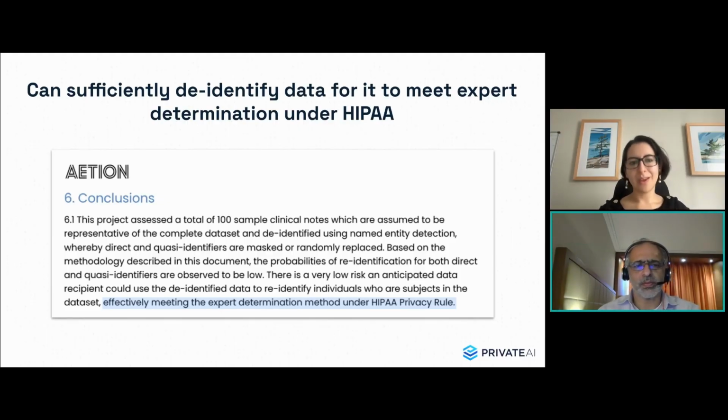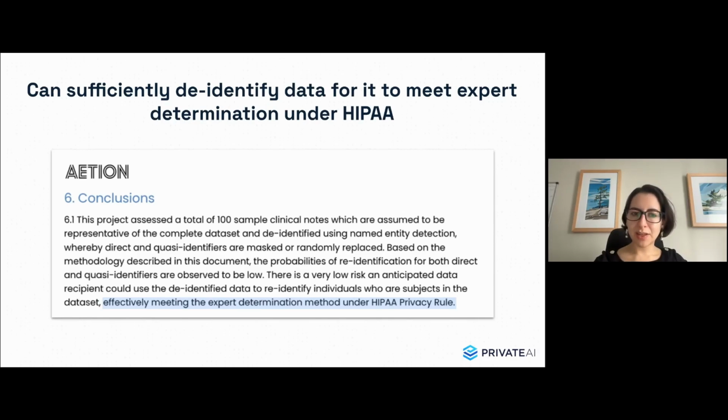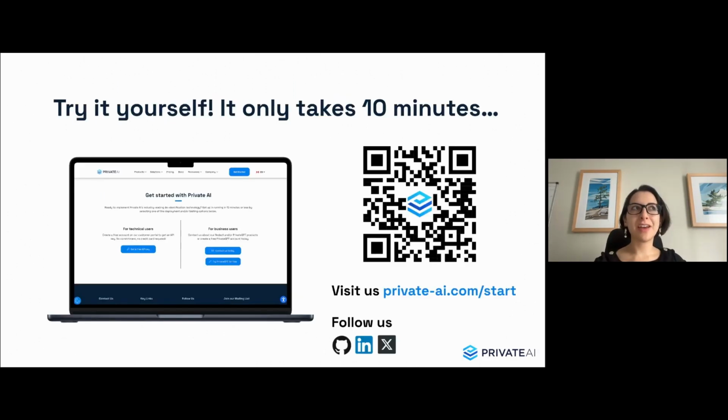Thank you. So I'm going to end this by saying that in the healthcare space, you're in a particularly advantageous position compared to other industries, because you've got certain legislations like HIPAA that really tell you what you need to do in order to unlock the data for secondary purposes, which a lot of data protection regulations don't tend to be as clear about.